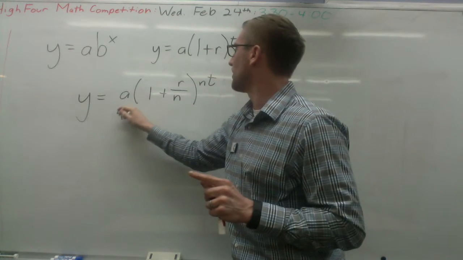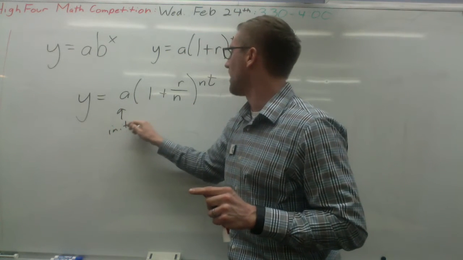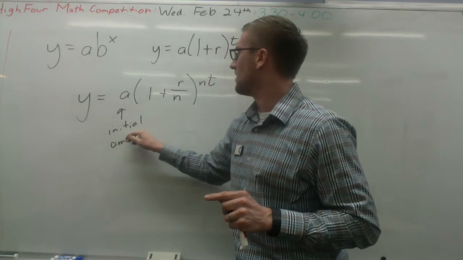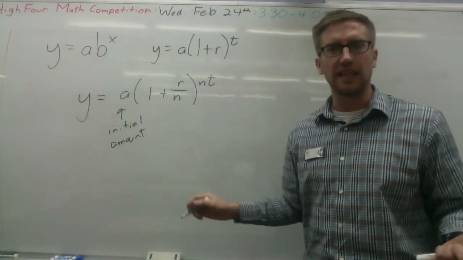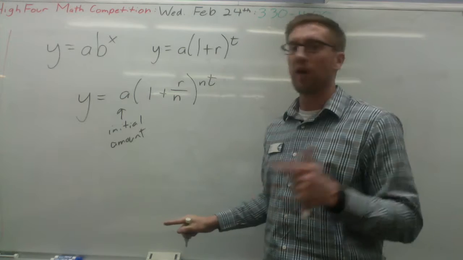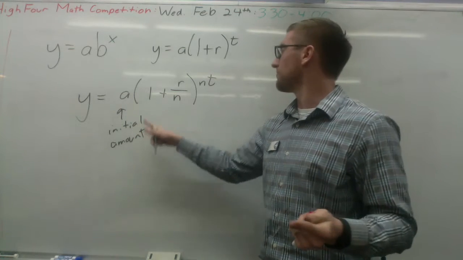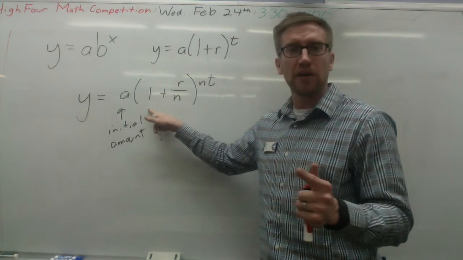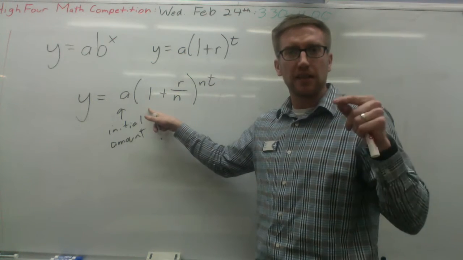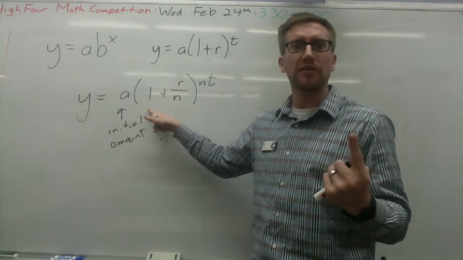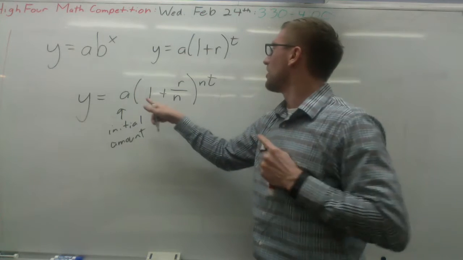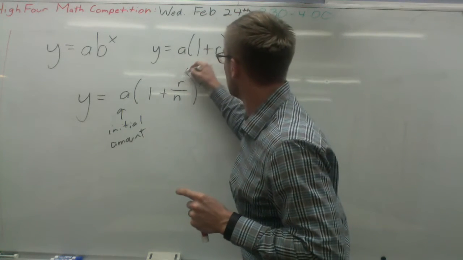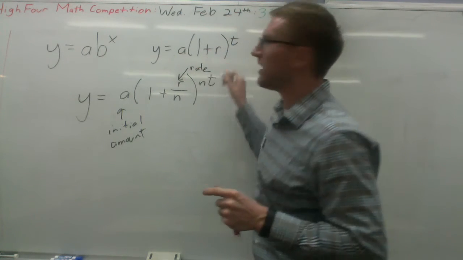So again, let's go over what they were. A is your initial amount. So if you're putting money into the bank or the CD or the stock market, whatever it may be, how much did you put in? This 1, we can talk about before, but it just represents this being multiplied by 1 plus the rate. The r, again, is now your interest rate.